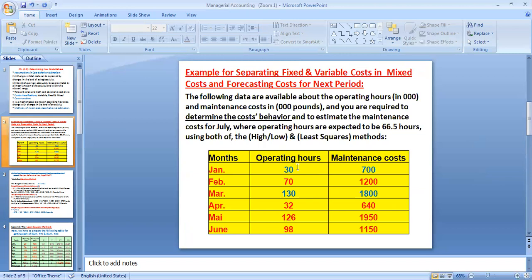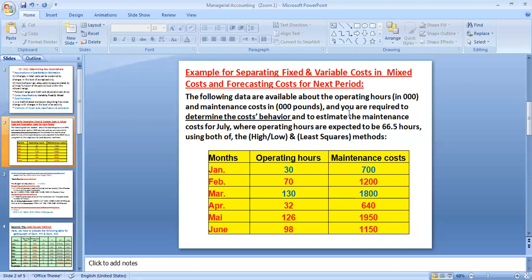Y equals A plus BX, A is 370 plus B 11 times 20. Is 20 within the relevant range? No. The relevant range is between 30 and 130. Before 30, I can't. After 130, I can't. But between the two figures, I can.